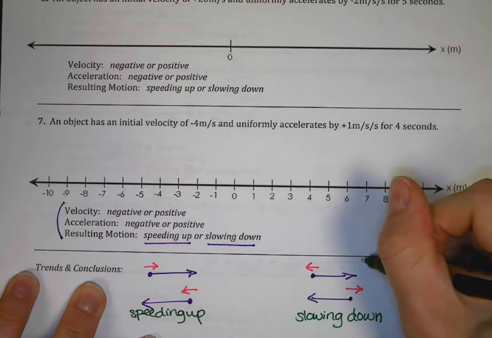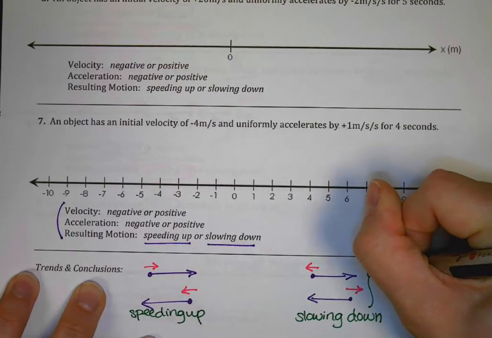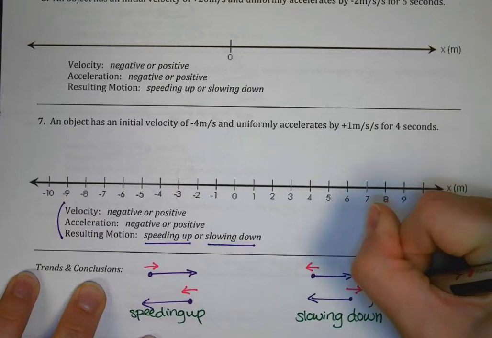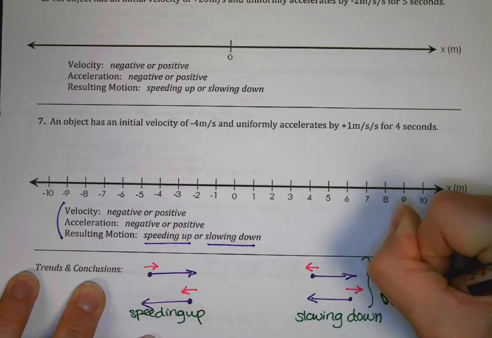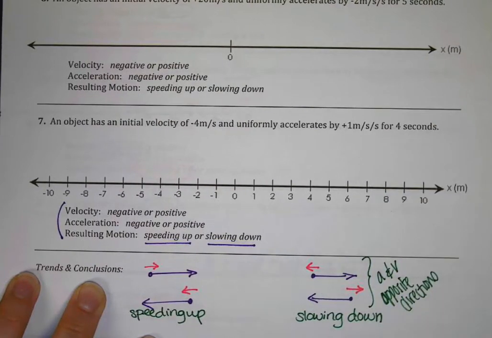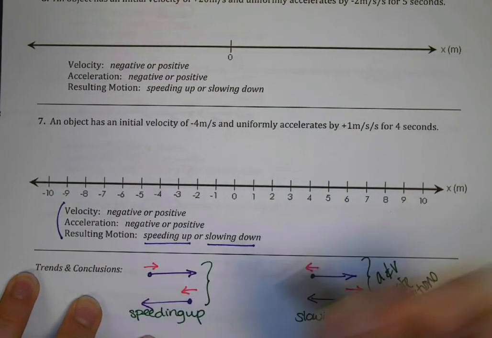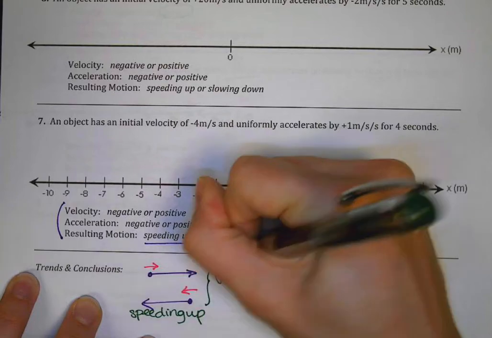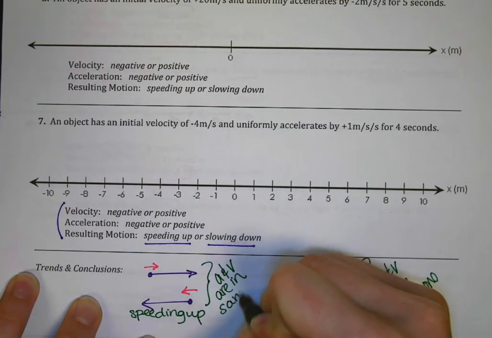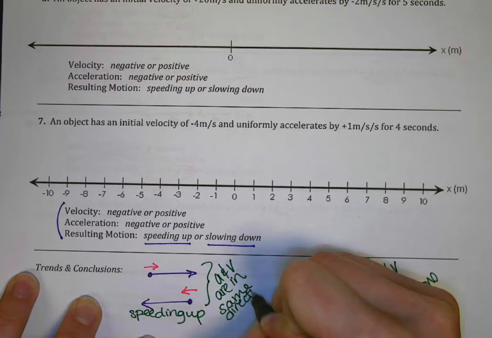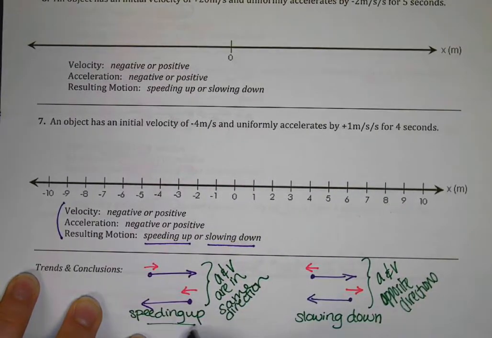So, to summarize, acceleration and velocity in opposite directions, you get slowing down. If acceleration and velocity are in the same direction, you see the resulting motion of speeding up.